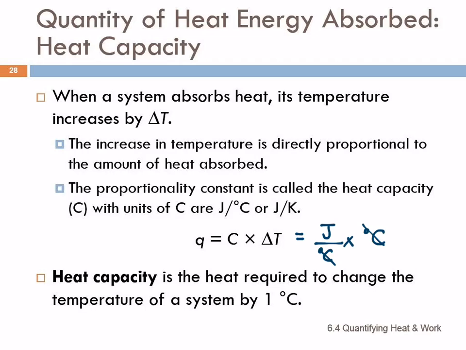The Celsius and Kelvin units are the same size. They're just offset as to where 0 is. So when you're subtracting them, Kelvin and Celsius will give you the same result. And if you want me to show that to you, we can do it later. But we're behind in lecture, so I don't want to take too much time on that.